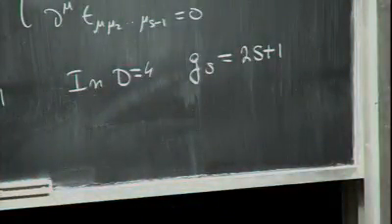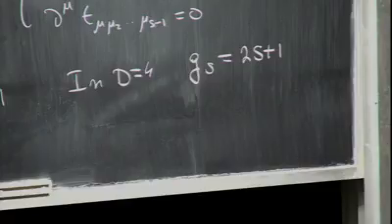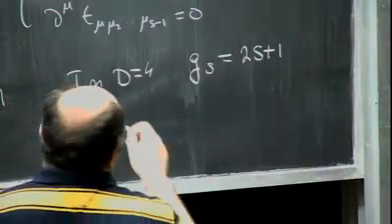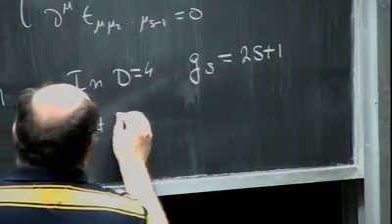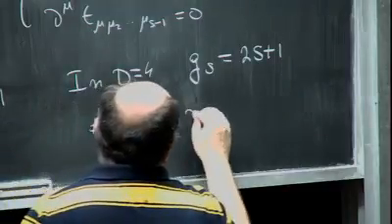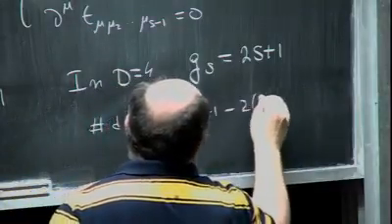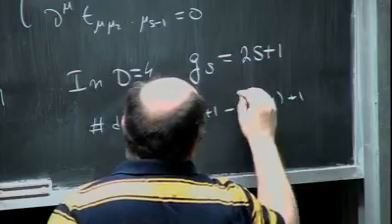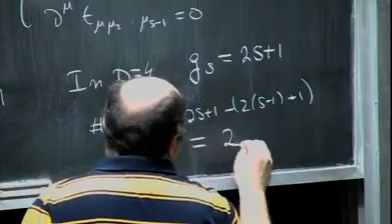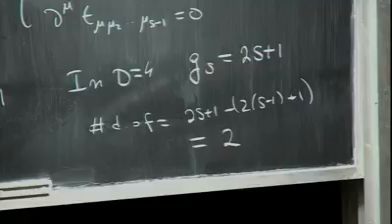It's like the number of components of a spin S field in 3 dimensions, because you can go down to the little group, which is O(3). And so the number of degrees of freedom is 2S plus 1 minus (2S minus 1 plus 1), which is 2, right, for any spin. So those are the two helicities, plus and minus S, that you expect a massless field of spin S to have in 4 dimensions.